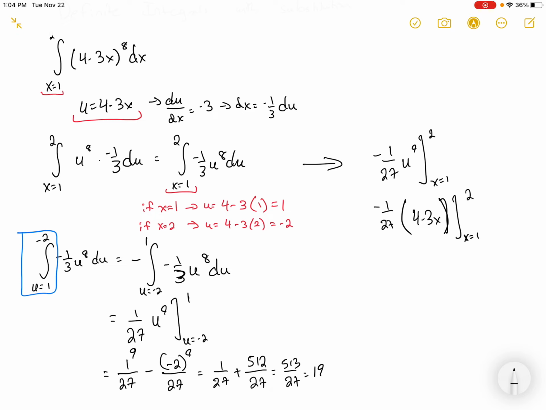Then we would end up getting the same thing: negative 1 over 27 times, plug 2 in there, negative 2 to the 9th minus 1 to the 9th. Since everything's negative, it ends up canceling. It's also 513 over 27, or 19. We'll get the same answer either way.